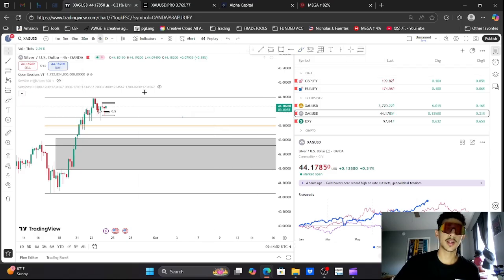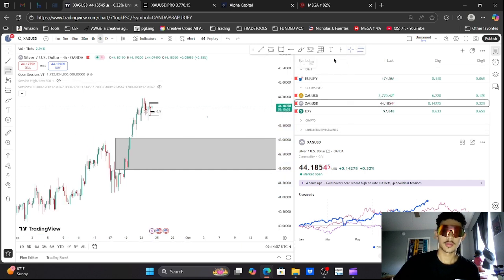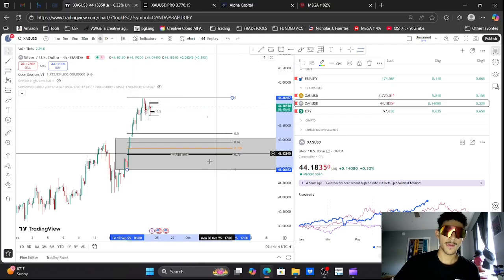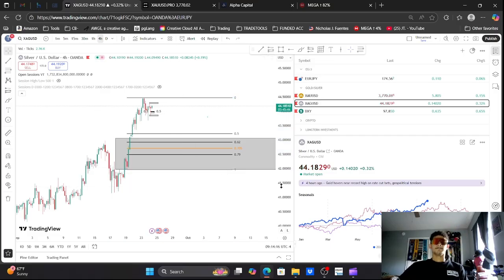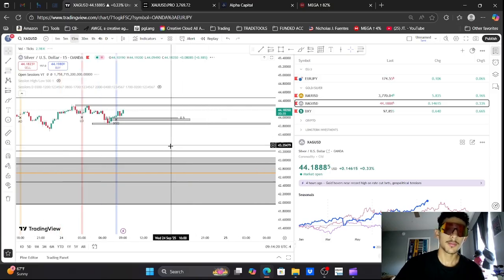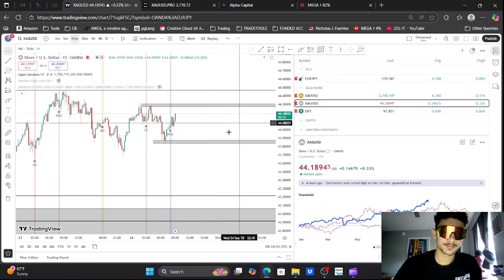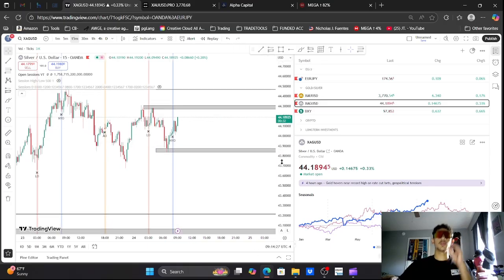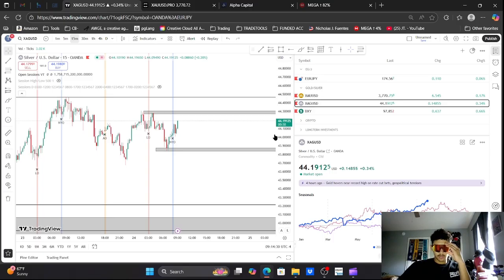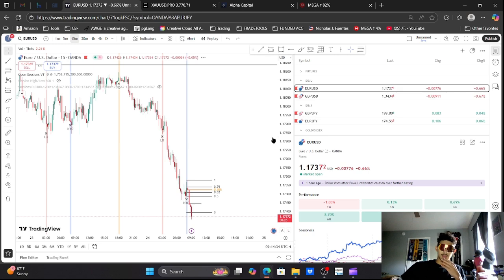And see, the problem is that I put these Fibonacci's on wrong. Do it from this over here. So yeah, we're in this area as well. Might be bullish. I don't want to get too ahead of myself. Like I said, I would love to just be patient and see what price gives me.